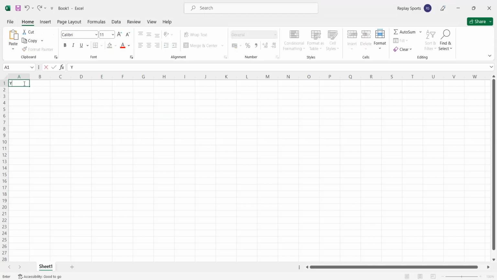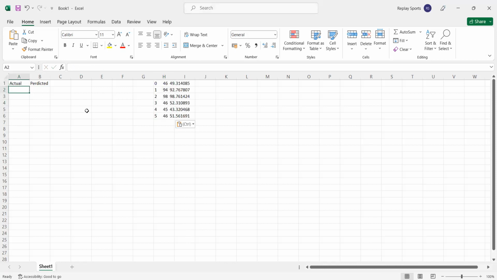So here I put y_test, the actual value, or we'll call it actual, and this is your predicted value. Let me copy it quickly from here. So you have 46, 94, 98, 46, 45, 46.